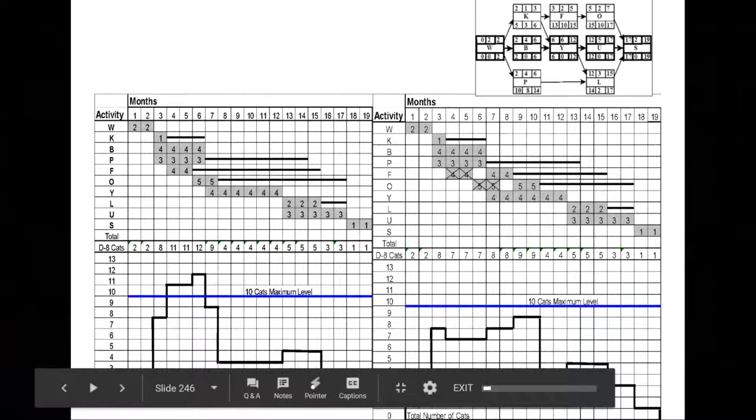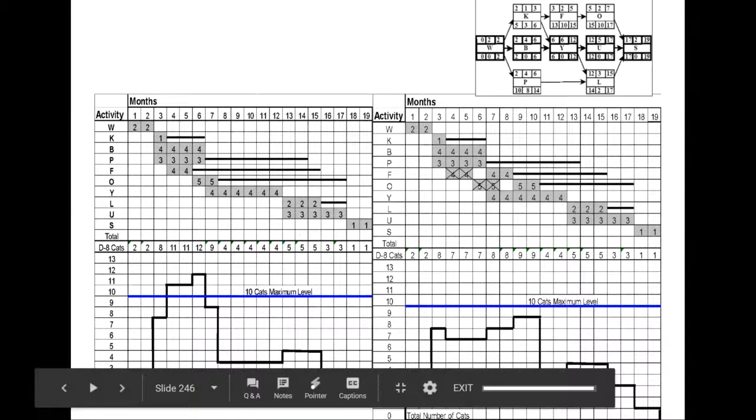So here you can see the decision made by the project manager, and the decision was made to postpone activity F and O, very similar to the way the cost loaded decision was made, because if you delay activity F, it would have a knock-on impact on activity O. Delaying these two activities would help reduce the resource overloads.